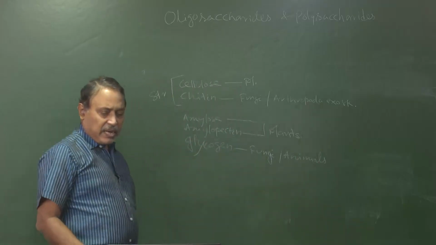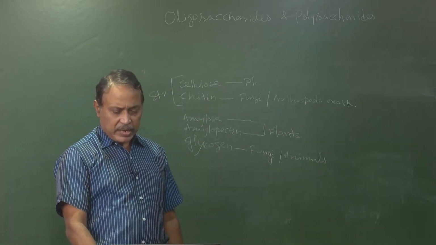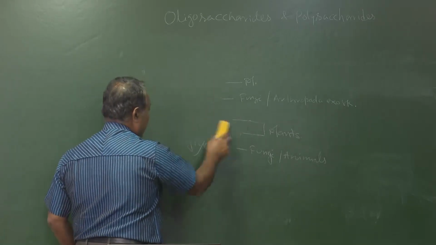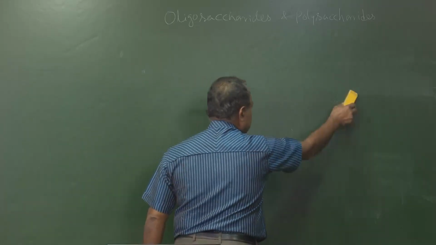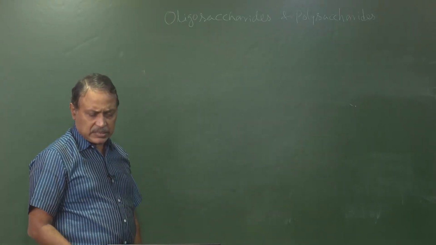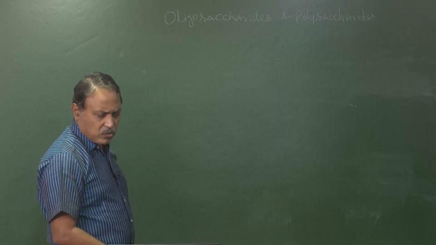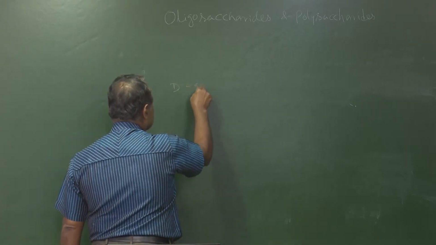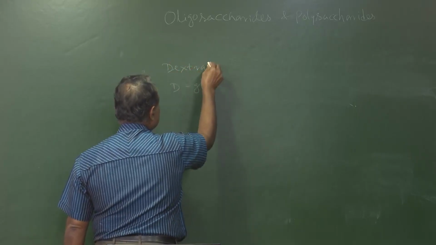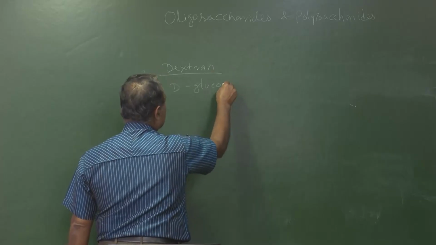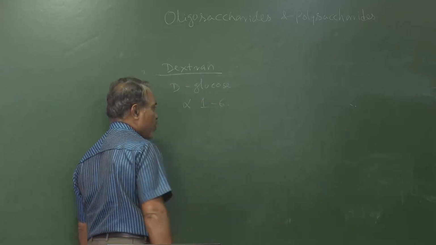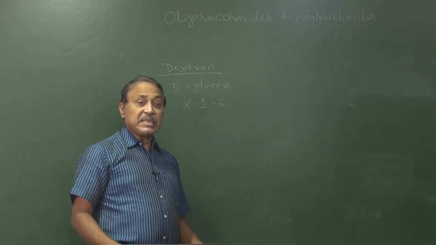So that is all about it. And another thing we can go for is dextran. Dextran is also another polysaccharide. This candidate I was just discussing has alpha 1,6 linkage of D-glucose, but it is branched.